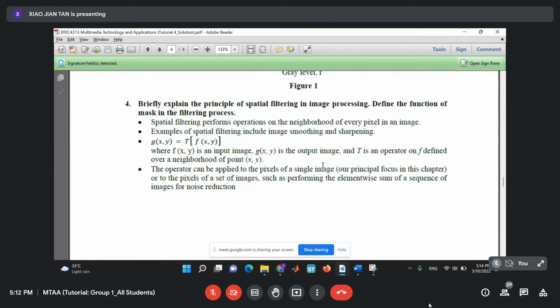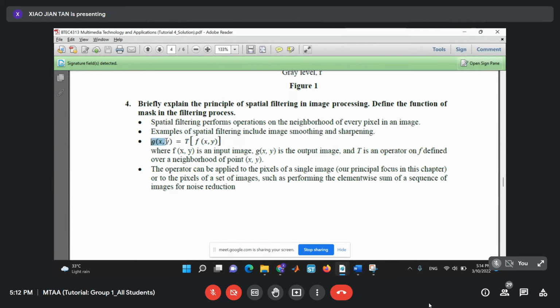This would be the general equation for spatial filtering, whereby f(x,y) is your input image, or input pixel at x and y, and T is the spatial or local operation, depending on what it is, and g(x,y) will be the output image.